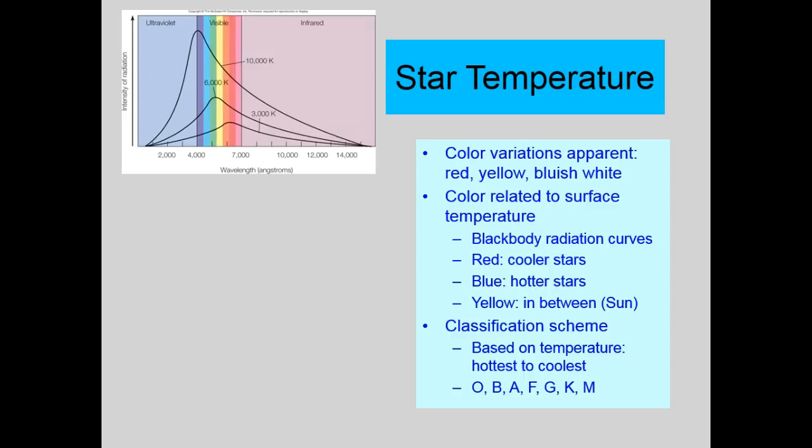The relationship between peak wavelength and temperature is: temperature is equal to 2.897 times 10^7 K angstroms, K being Kelvin, divided by the peak wavelength, measured in angstroms. So that would give you the temperature.